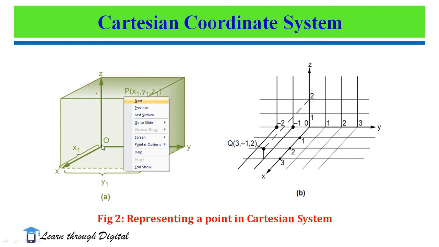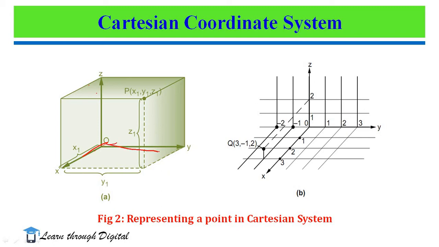That means x1 is the distance moved in the x direction, y1 is the distance moved in the y direction, and similarly z1 is the distance from the origin. Say for example, we consider the point (3, -1, 2).